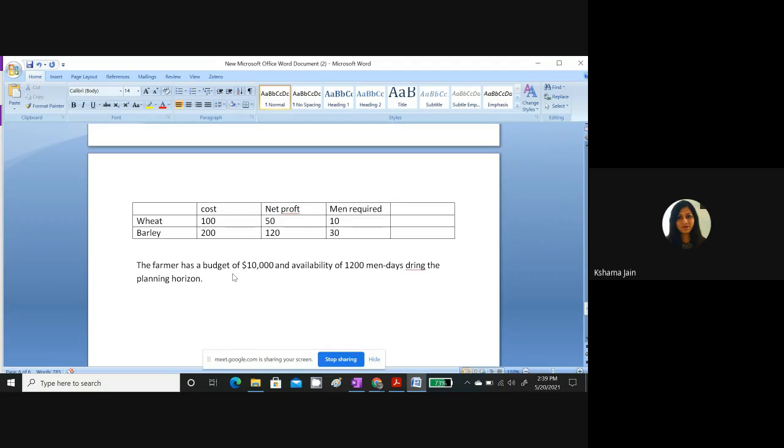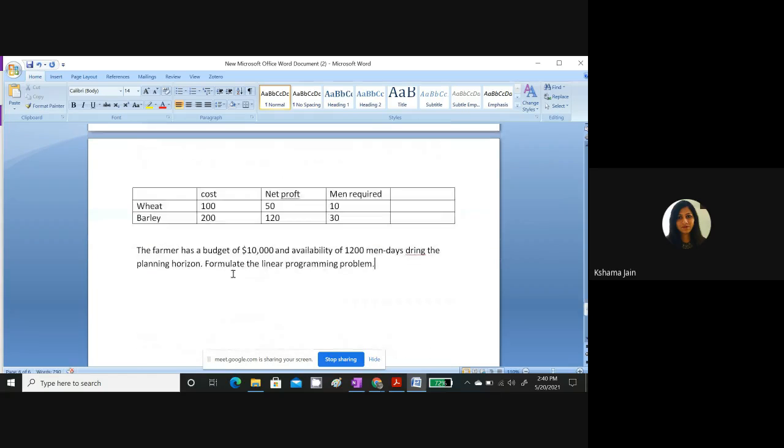Find the optimal solution and optimal value. We will say formulate the linear programming problem. Okay, note down. See, so big, unnecessarily. We needed only this data.